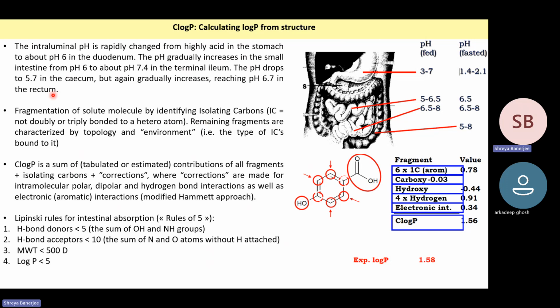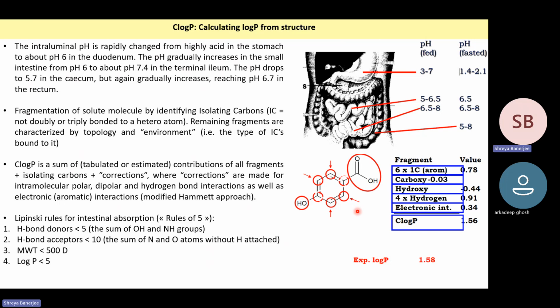Again, it drops to 5.7 in the cecum and again gradually increases, reaching 6.7 in the rectum. So you can see different regions shown here. In the stomach, after eating, it is around 3 to 7 and so on. So different regions in the body have different pH values.